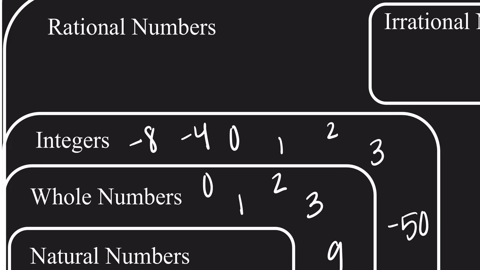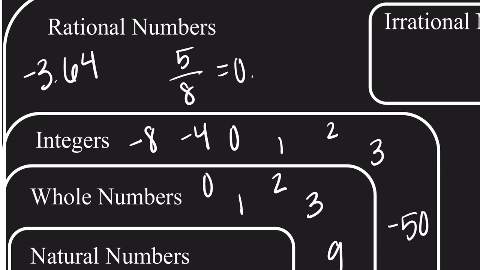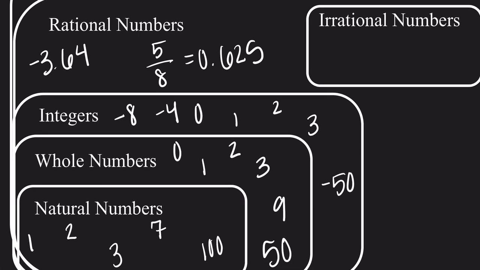So here are some examples. Negative 3.64. That's just a plain old negative decimal. It ends after that 4, so rational. If we look at a fraction, such as 5 over 8, well, that decimal is 0.625. That decimal, we know it cuts off, we're good.